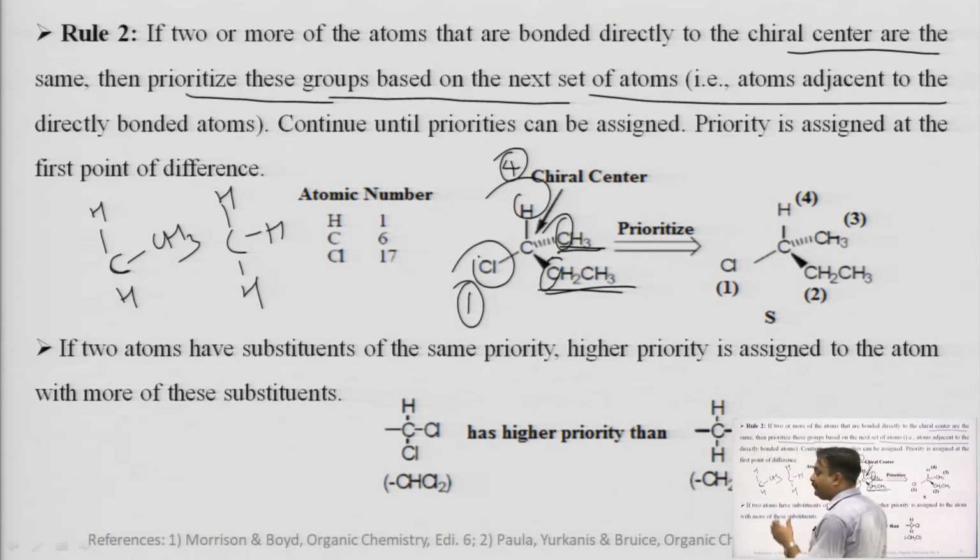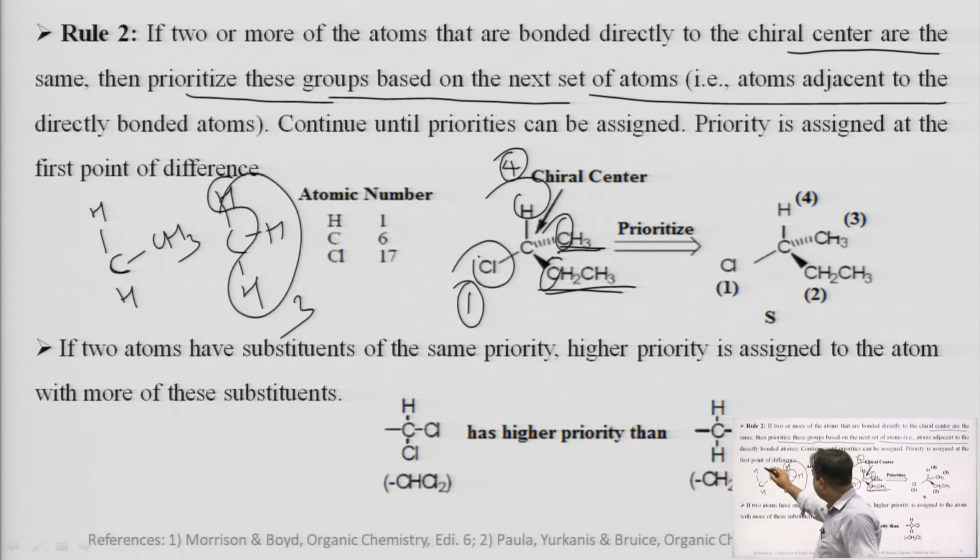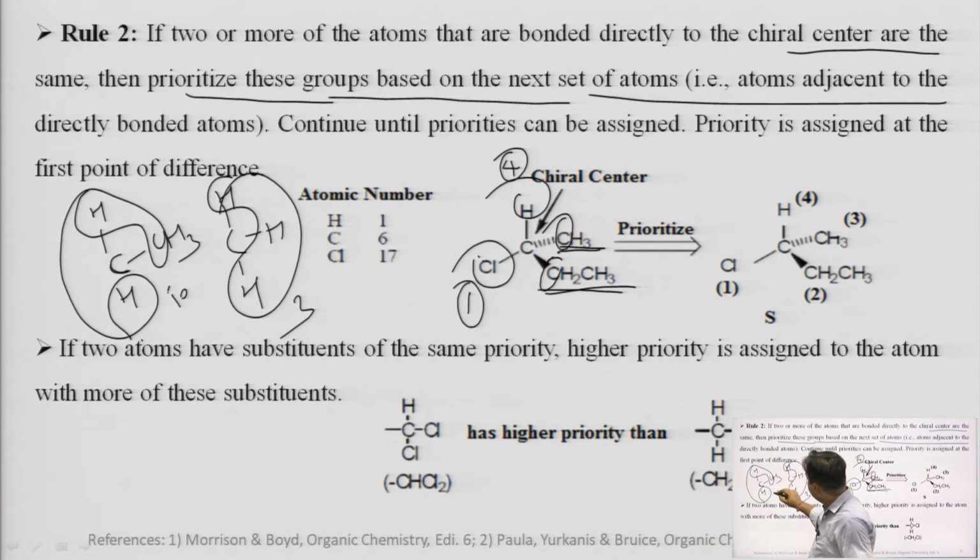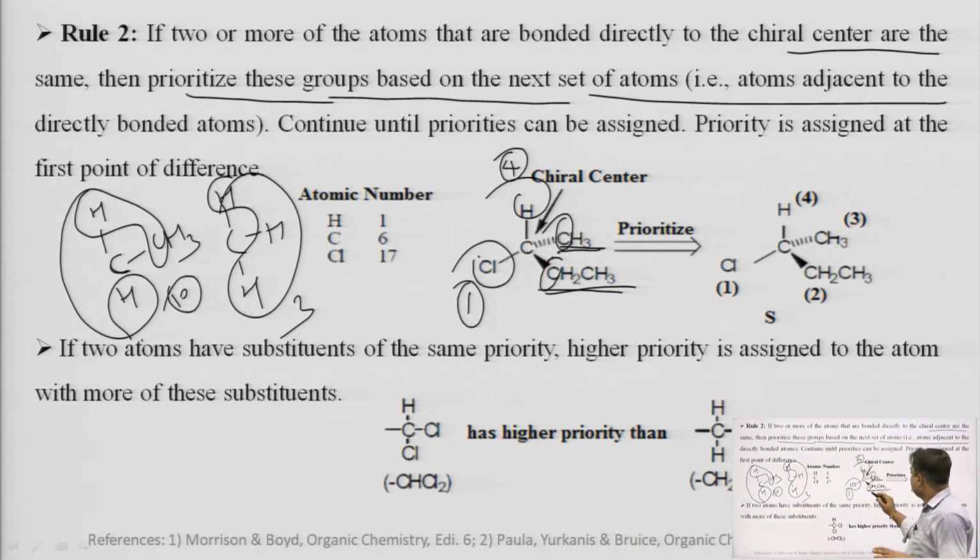Now, when we add the atomic numbers of the adjacent groups, here 3, here 1 and 10 hmm, this ethyl carbon, because the adjacent groups have more atomic number, is given the second priority, while this methyl carbon will be given the third priority.